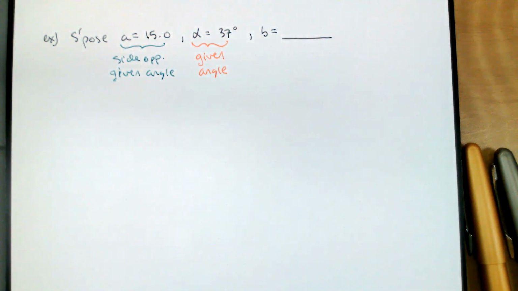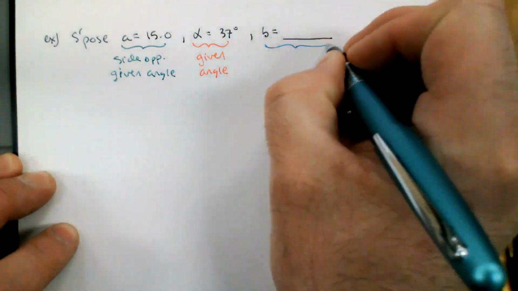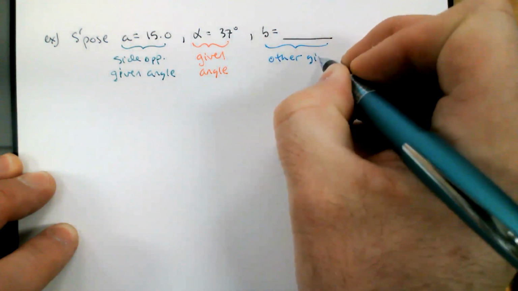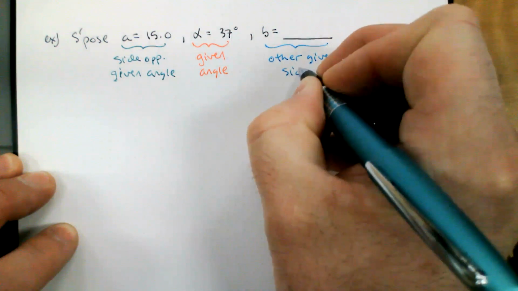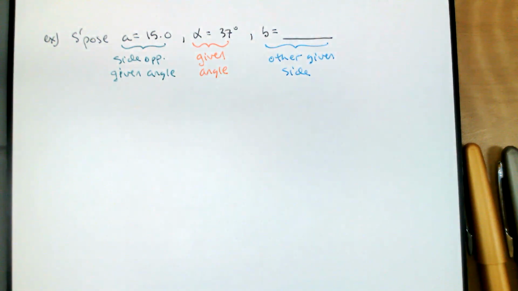And B or C, whichever one I happen to give you, that's just going to be called the other given side. So the parts in play are the given angle, the side opposite the given angle, and the other given side.